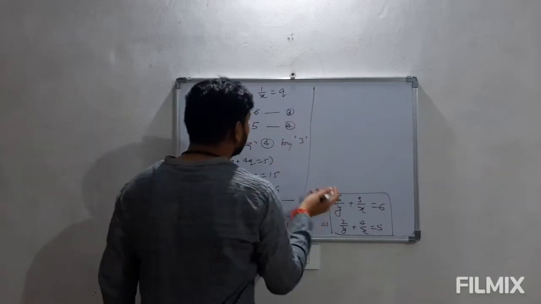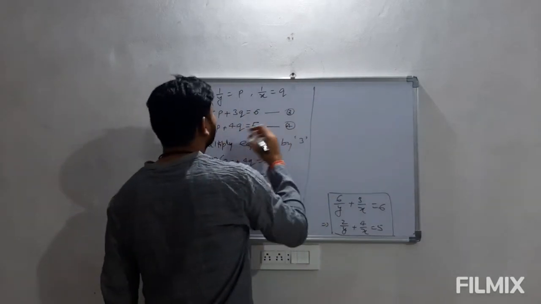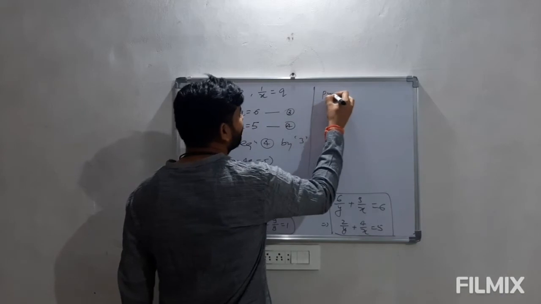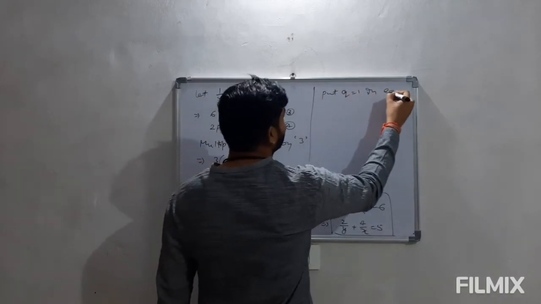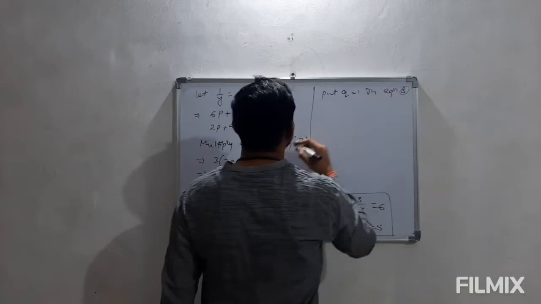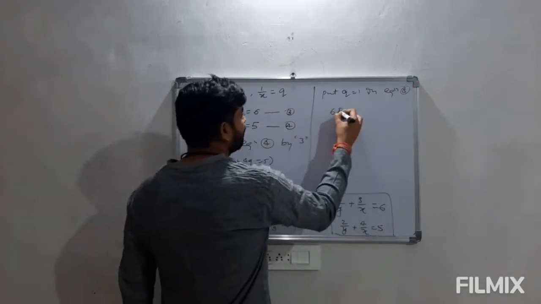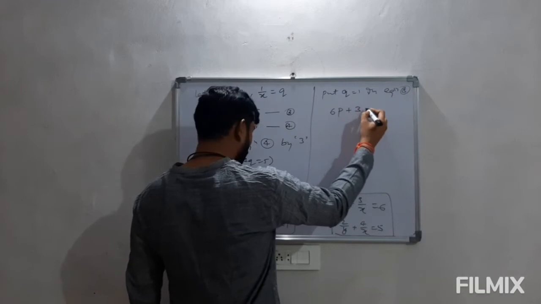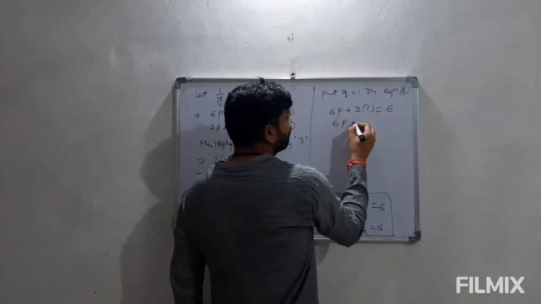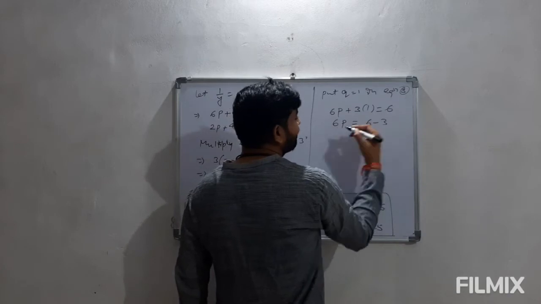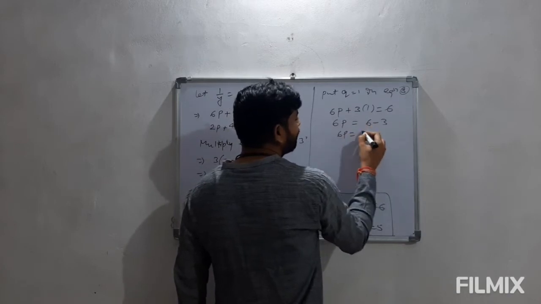We can substitute this value anywhere in equation 3 and 4. So if we put q is equals to 1 in equation 3, what we will get, 6p plus 3q. q is 1, so 1 is equals to 6. So 6p is equals to 6 minus 3. 6p is equals to 3.